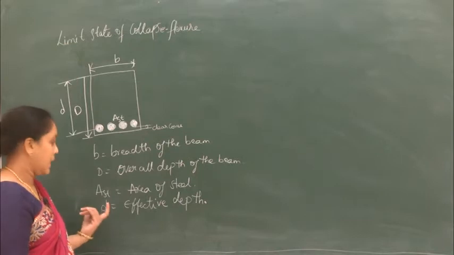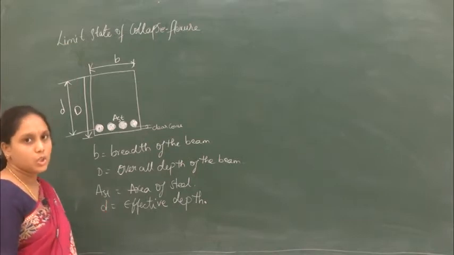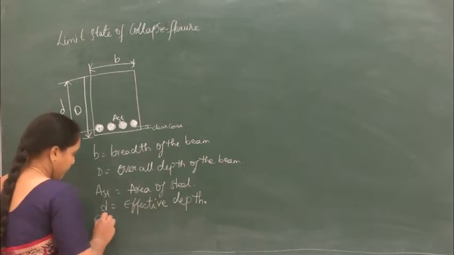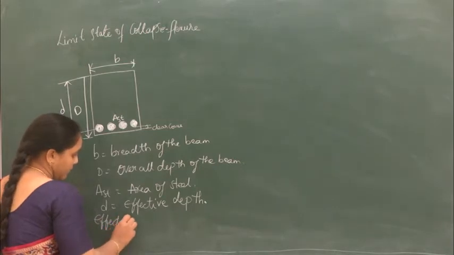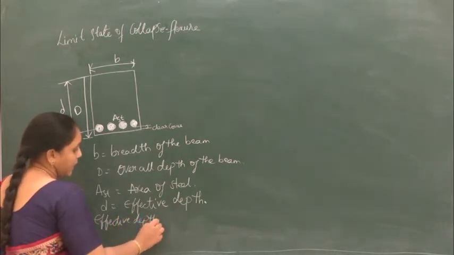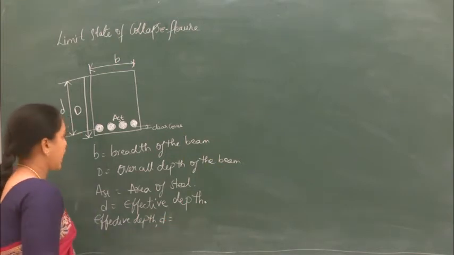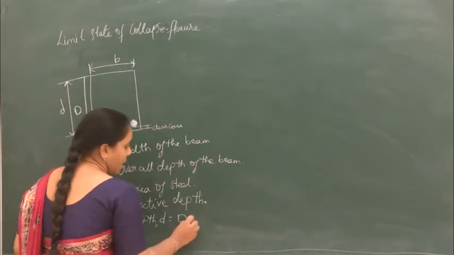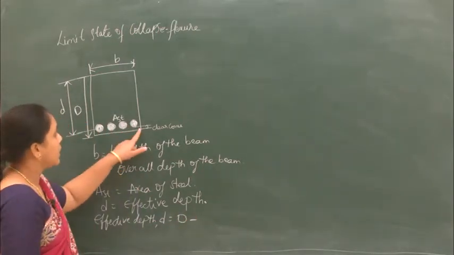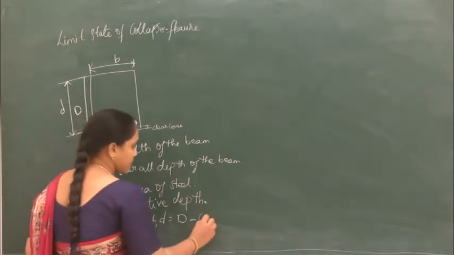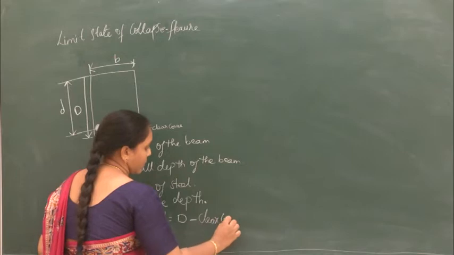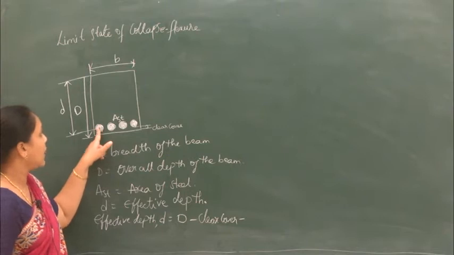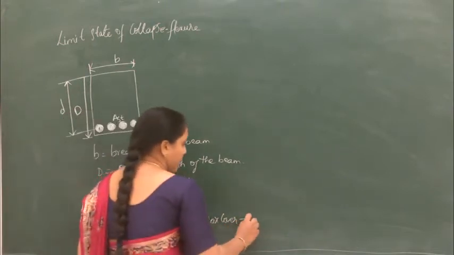So, if effective depth is to be calculated, how will we calculate it? The effective depth d can be calculated as overall depth D minus the clear cover minus the diameter of the bar divided by 2.